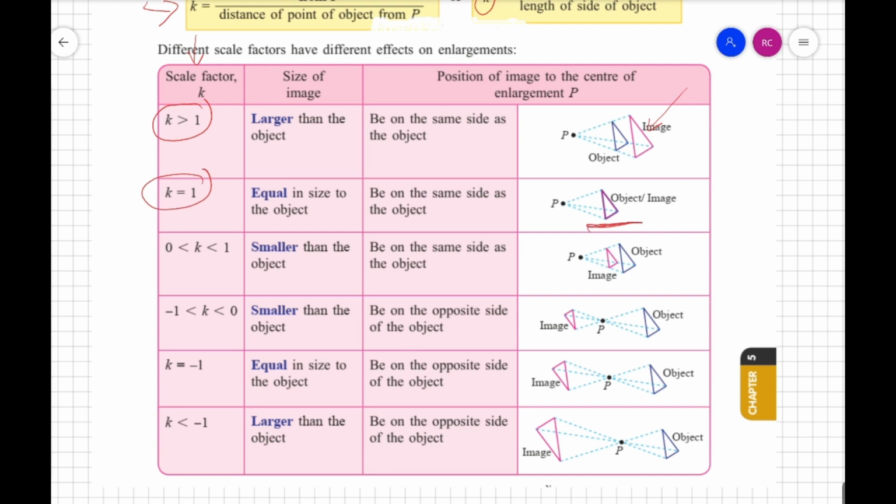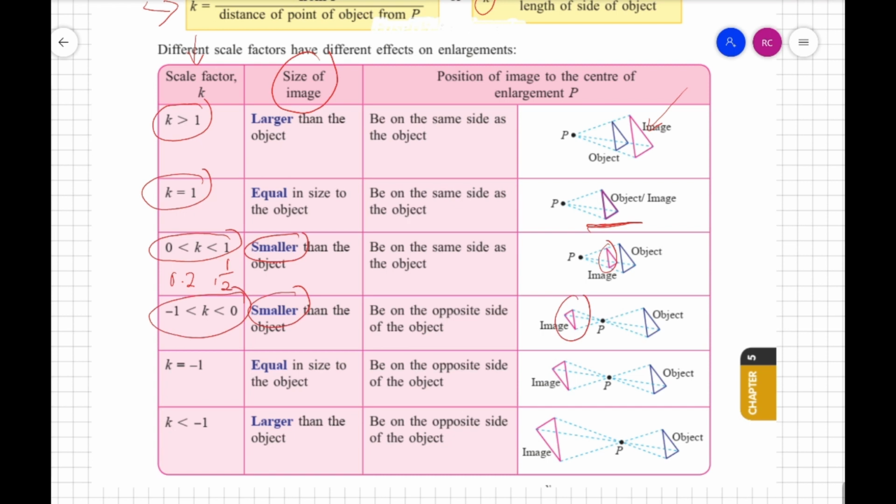When it is in between 0 and 1, for example 0.2 or 0.3, or it can be 1/2, then the size of the image will be smaller. You can see the image over here, it is smaller. And when it comes to this range, it is also smaller.